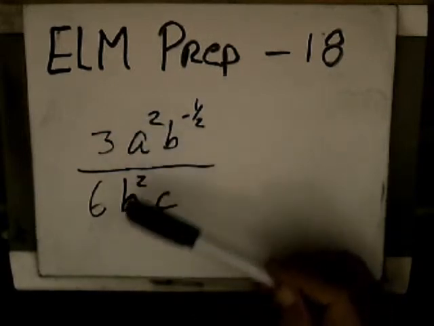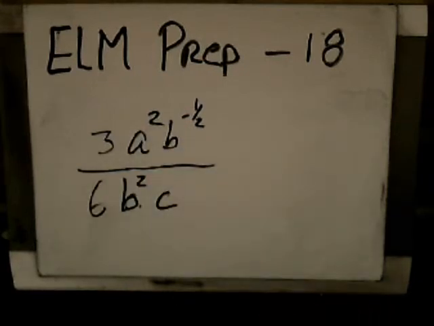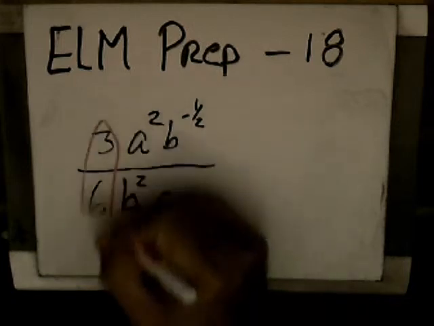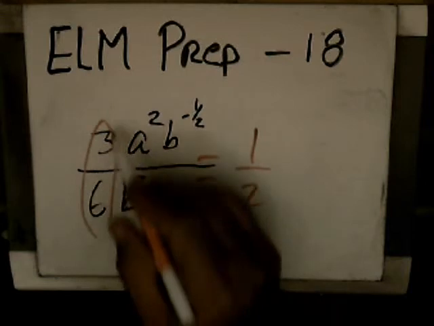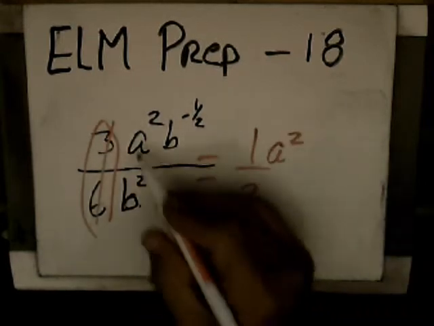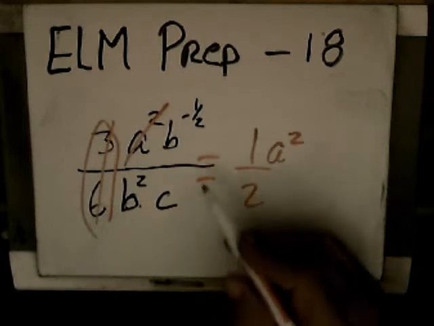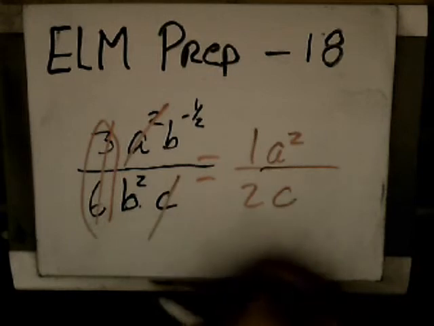Well, I have a's on top, but no a's on the bottom, so the a's are going to stay on top. I'm going to start with my number here, and notice that 3 over 6 will reduce down to 1 over 2. So I'm done with the numbers. I have no a's on the bottom, so my a squared is going to remain. I have no c on top, so the c on the bottom is going to remain. So I'm done with that.